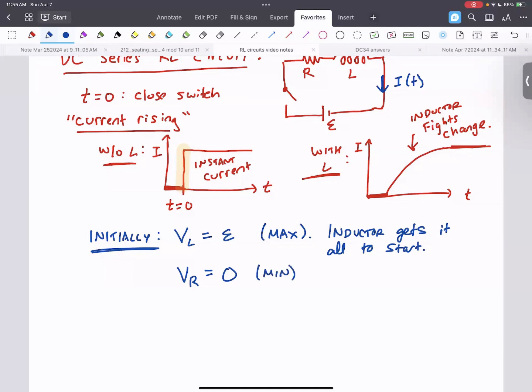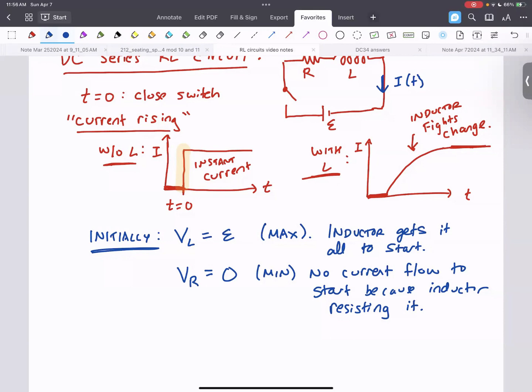So that's going to be the minimum value. And so, there's essentially no current flow to start because the inductor is resisting it. So the inductor is fighting that change in current and then causing there to be no initially any current.